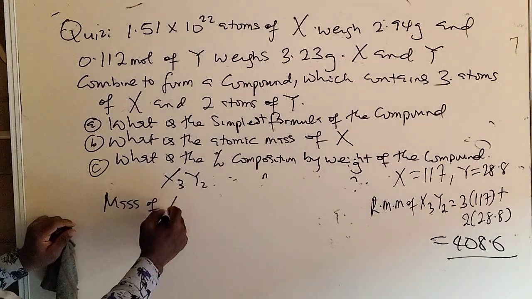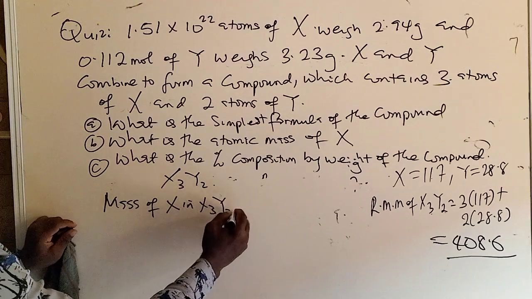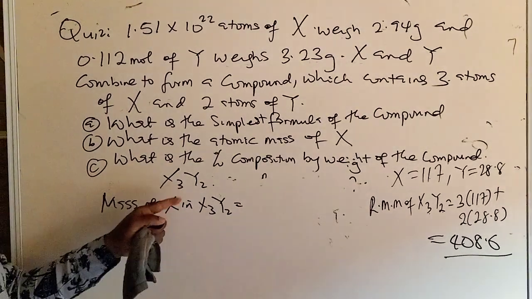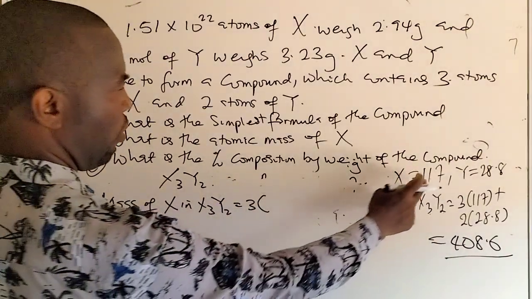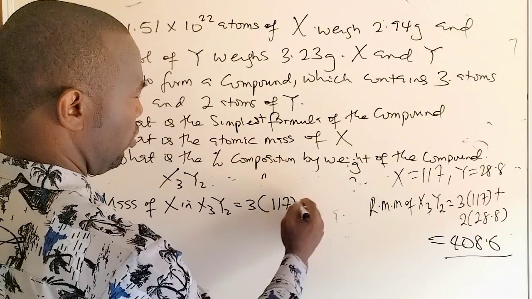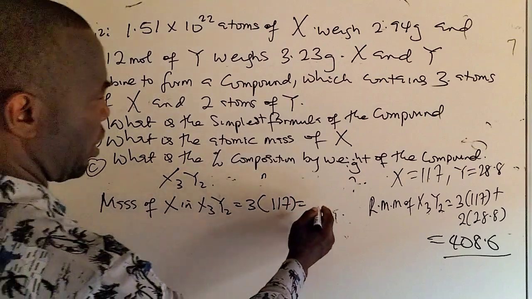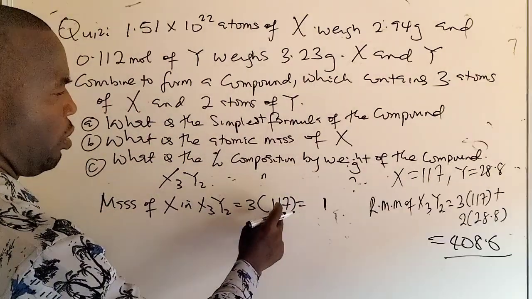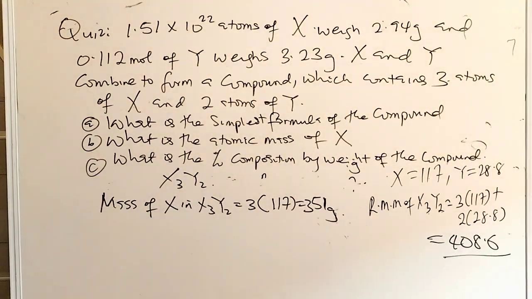So mass of S in S3Y2 will now be, there are 3 atoms of S. That becomes 3 times the mass of S, which is 117. So we find the mass of S in the compound, and that will give us 351 grams. That becomes the mass of S in the compound.